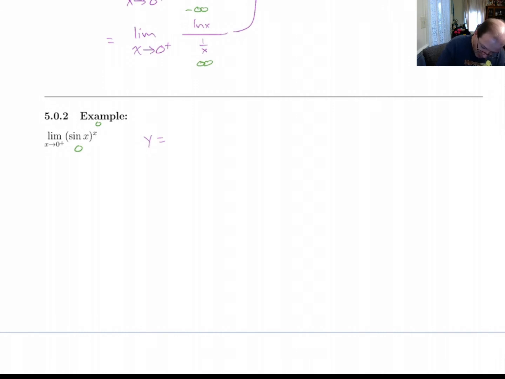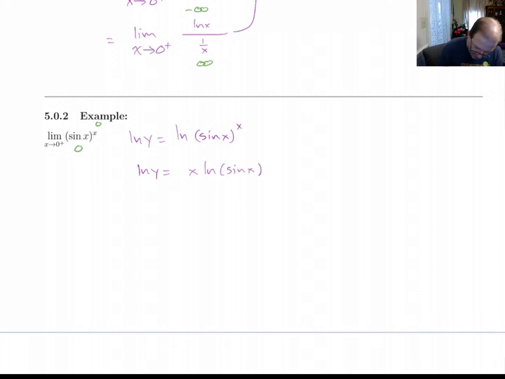So let's see, I'm going to let y equal sine x to the x. Well, let's see, y is equal to that, and then we're going to take the ln of both sides. So you get ln y is x ln sine x.